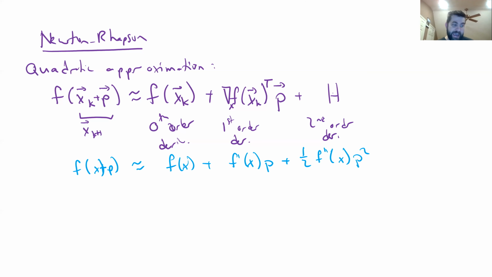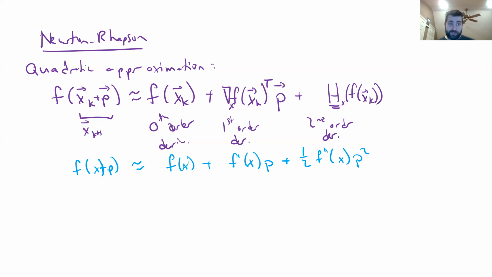That object is the Hessian of our function evaluated at xk, the matrix of second derivatives. We want to be quadratic in p, that is, we want 2 copies of p, but we also need to end up with a scalar.